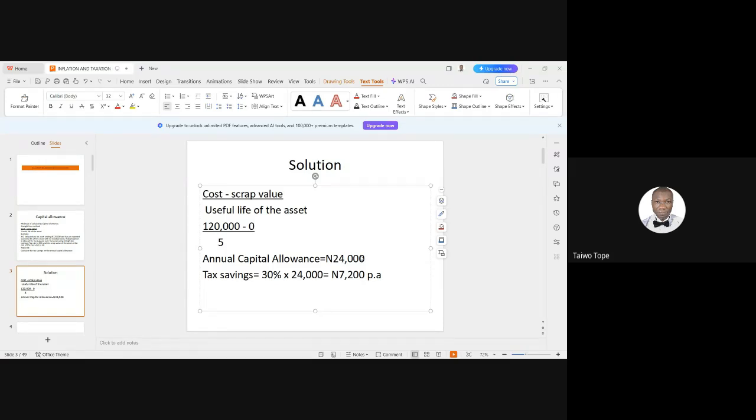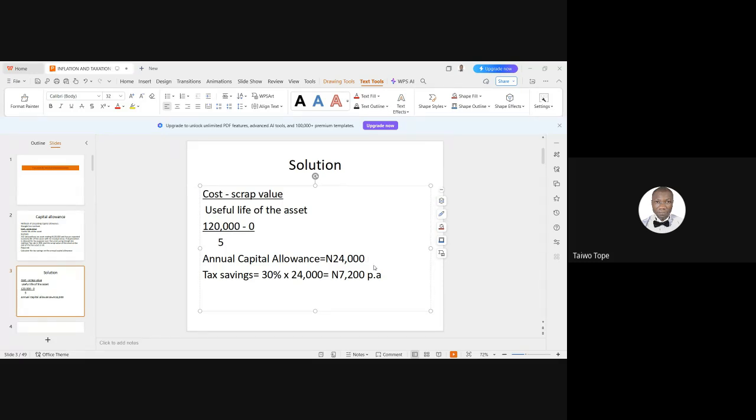This is similar to normal financial accounting, but with the issue of tax savings associated with it.